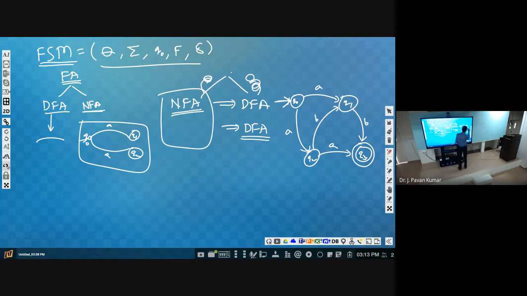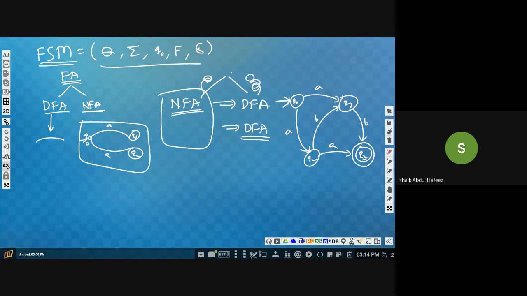Let us put it like this. Now, is this NFA or DFA? Please respond. NFA, sir.